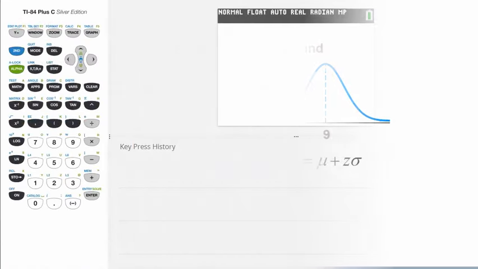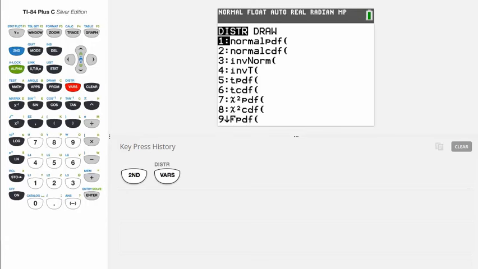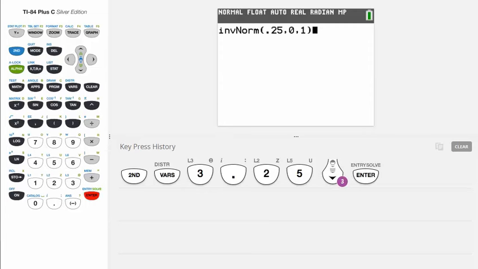Going to our calculator, we want to go to our distribution menu, second, VARS. We want number 3, which is inverse norm. Our area is 0.25. We want to leave our mean as 0 and our standard deviation as 1. We are using this instead of the table. Press enter, enter again, and we get negative 0.67.